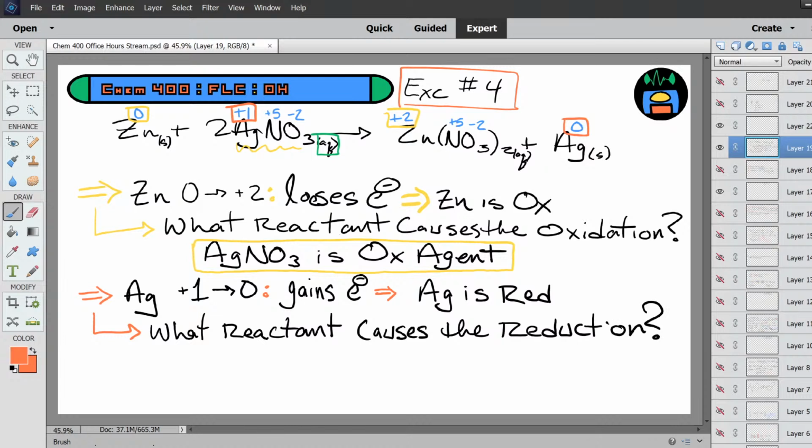And the reactant that causes the reduction is zinc, which is just an atom. It's solid zinc metal. Because it is the reactant, we say that zinc is the reducing agent.